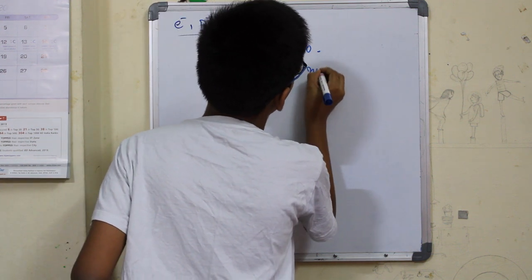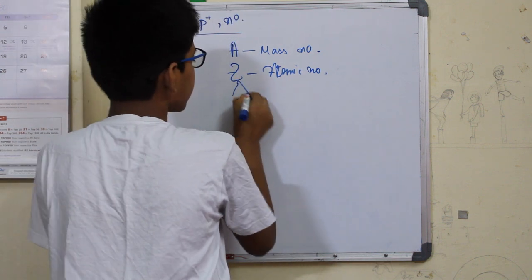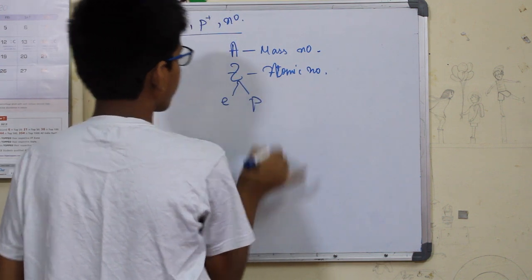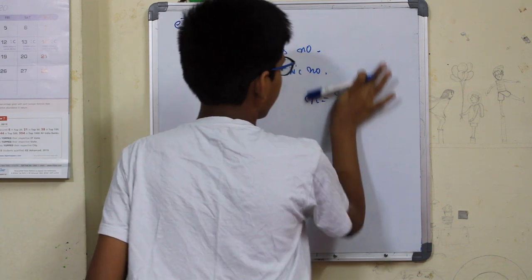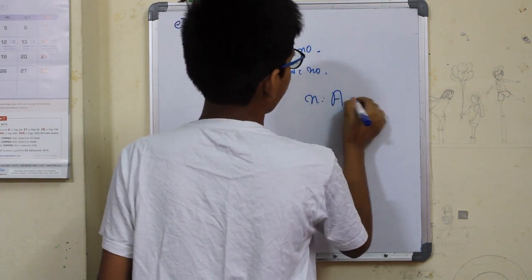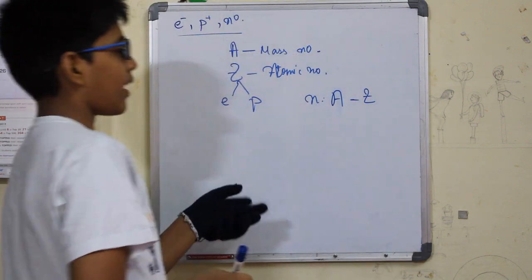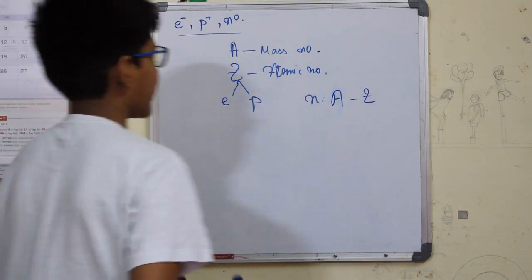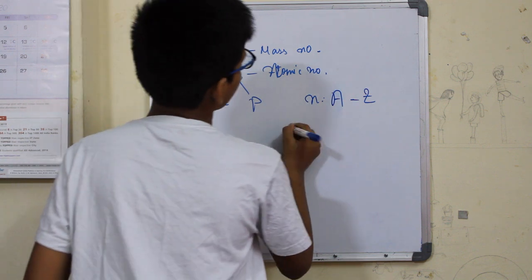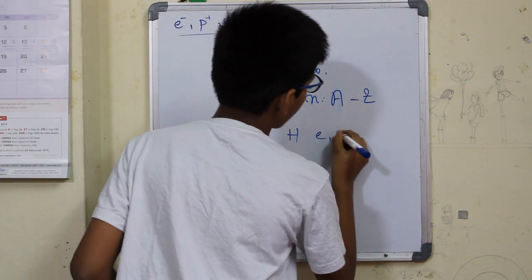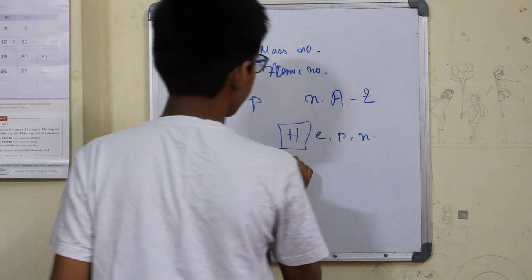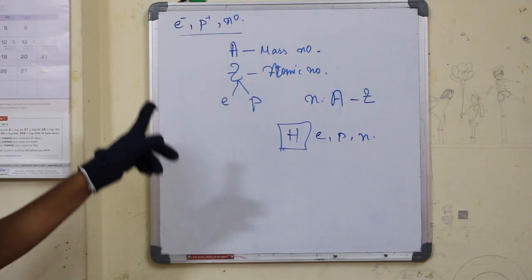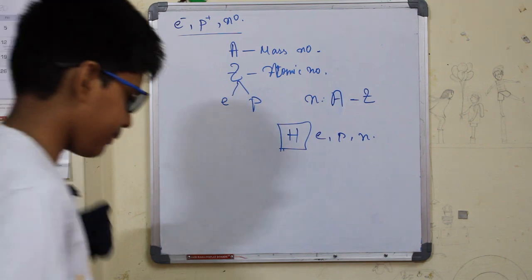The atomic number gives the number of electrons and the number of protons, and the formula for the number of neutrons is mass number minus atomic number. Very simple. Now let me give you a question. Find the number of electrons, protons and neutrons in one hydrogen atom. Okay. So what is the mass number and atomic number?